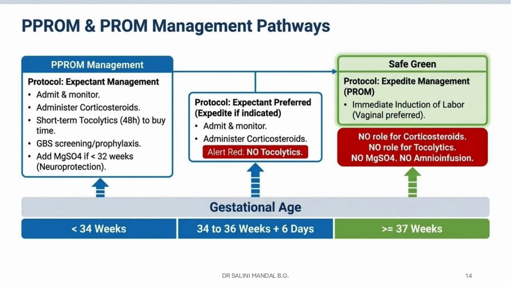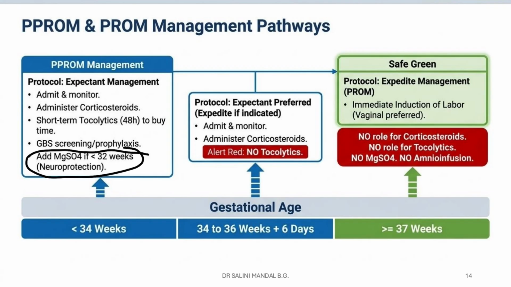So now, how are we going to manage it? First of all, we have to admit and monitor them, give corticosteroids, tocolytics and all. Okay, but apart from that, we are supposed to add magnesium sulfate if the lady is below 32 weeks. Now, there is one more thing.